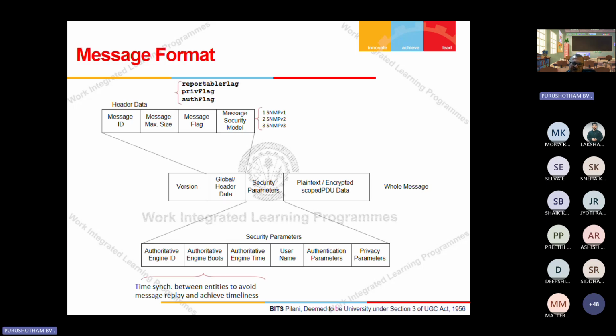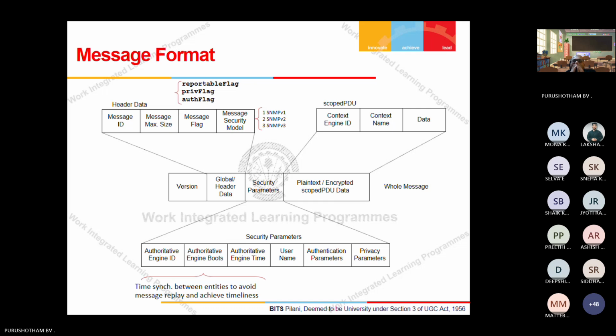These are the message formats that we have. The global header data will have the header version very clearly. Then we have security parameters like authoritative engine ID, authoritative engine type, and security related information.